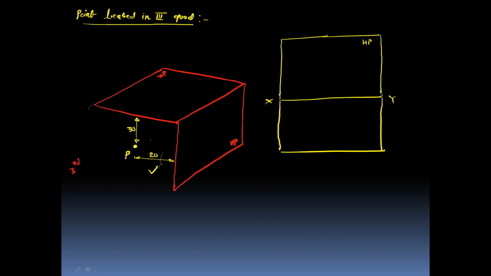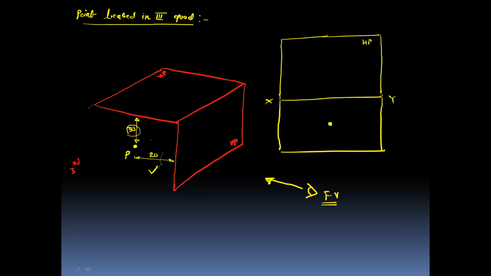Okay, so now try to observe. This is the position of the observer. So from the front view, we will observe the dimension which is below the horizontal plane. So the dimension which is visible in the front view will be 30 mm. So with respect to XY line, take the distance 30 mm and draw the point P. So this will give the front view.